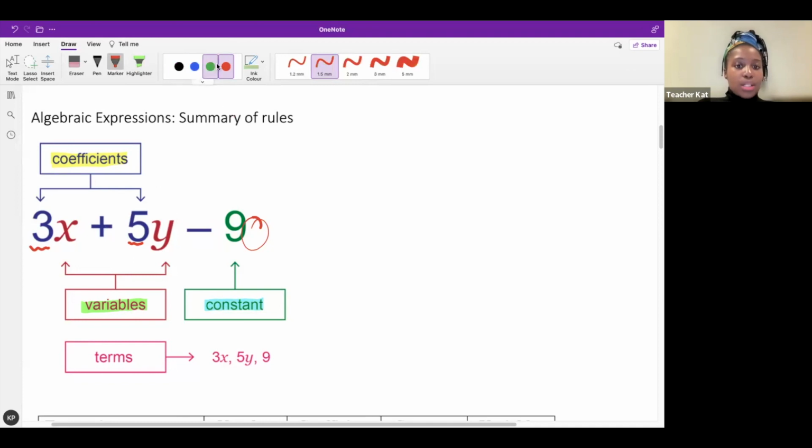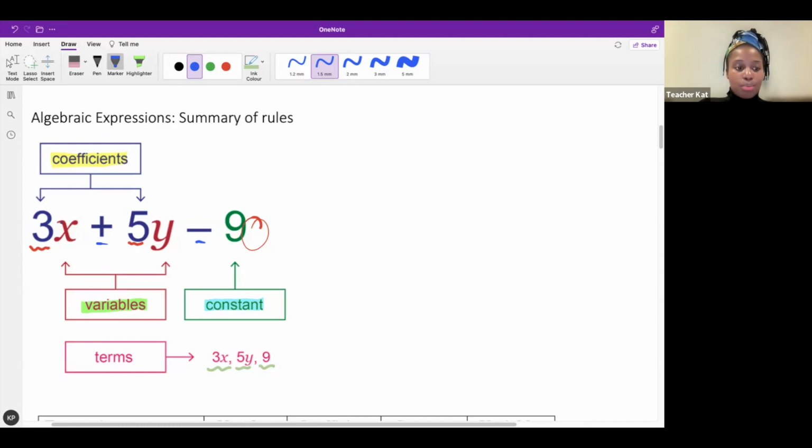Then we spoke about terms, full-on terms. Our terms in this case are 3x, 5y, and 9. We said we know these are terms because they are separated by positives and negatives. So 3x cannot be two terms.